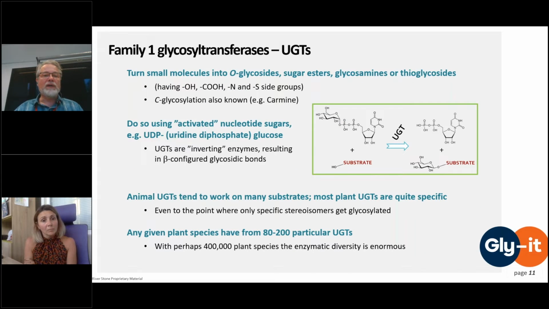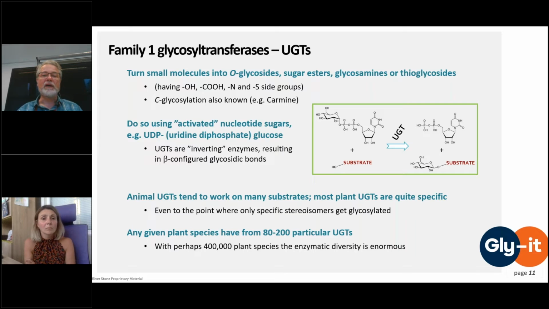So family 1 glycosyltransferases, UDTs, turn small molecules into a number of different glycosides, you could call them. They do O-glycosides if there is a hydroxy side group on a small molecule. They can do sugar esters if there is a carboxy group sticking out.